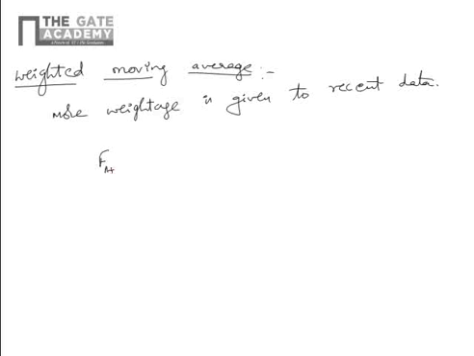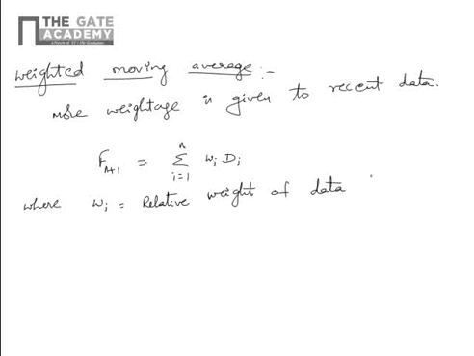So the forecast of the n plus 1 term is equal to sigma i equal to 1 to n of w_i d_i, where w_i is the relative weight of data for the ith period, and the sum of w_i from i equal to 1 to n equals 1.